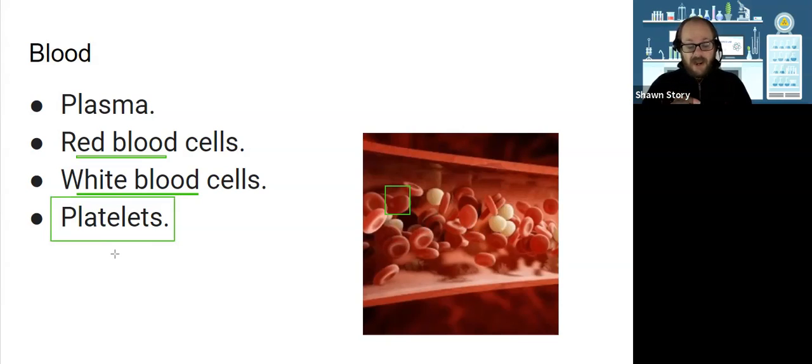So if we ever have a breach in our system where we're bleeding, eventually it stops bleeding because those platelets come together and they clot. Once they're oxygenized, they clot and then they actually close up that wound. And so platelets are really important in healthcare. We measure platelets and how quickly blood clots because that affects a lot of things.